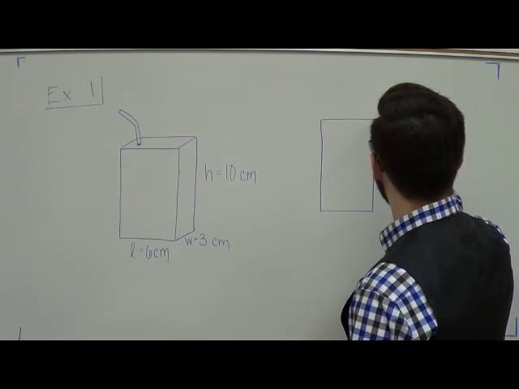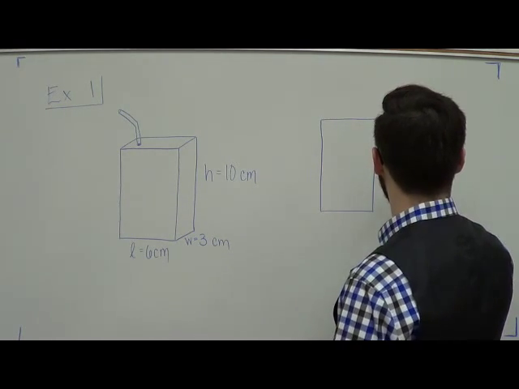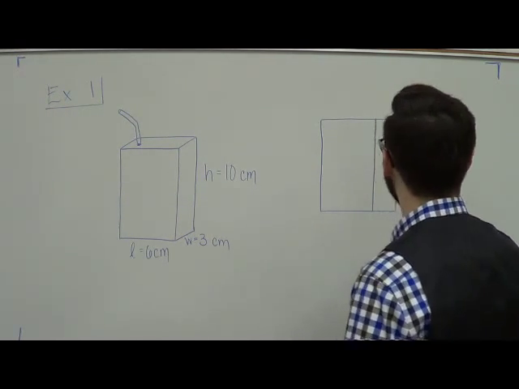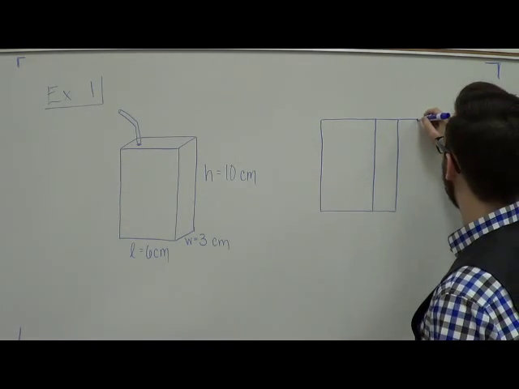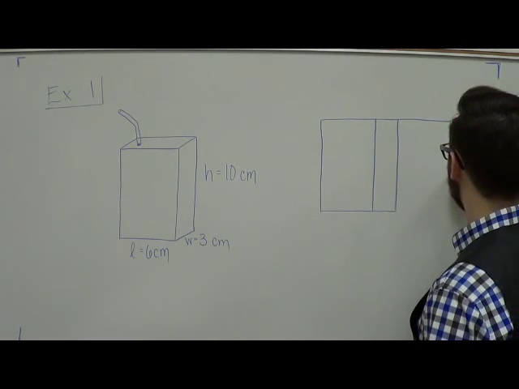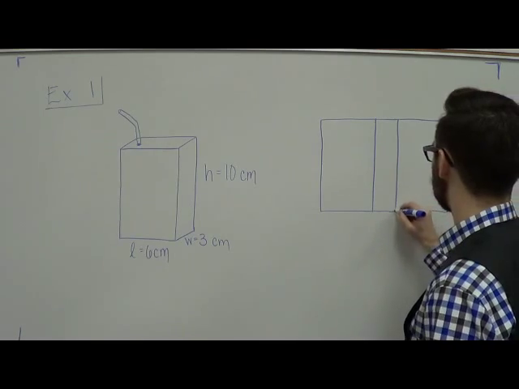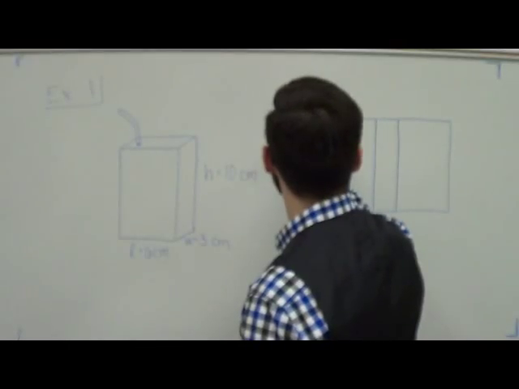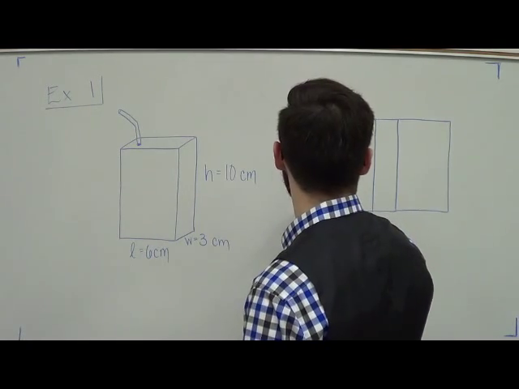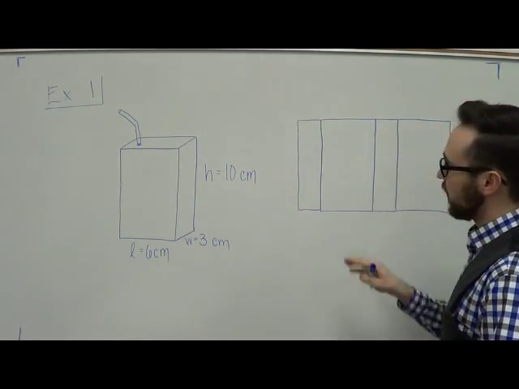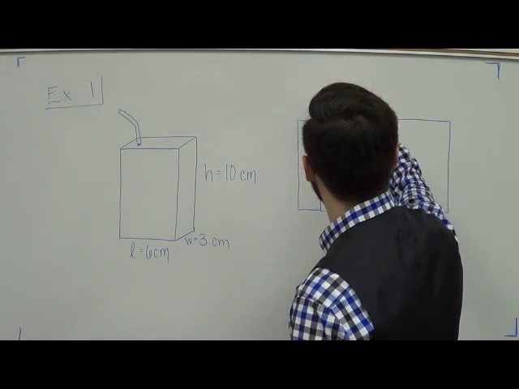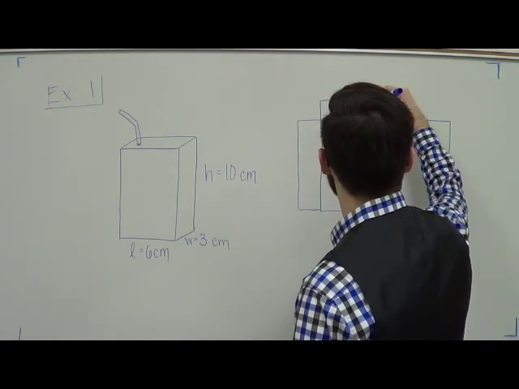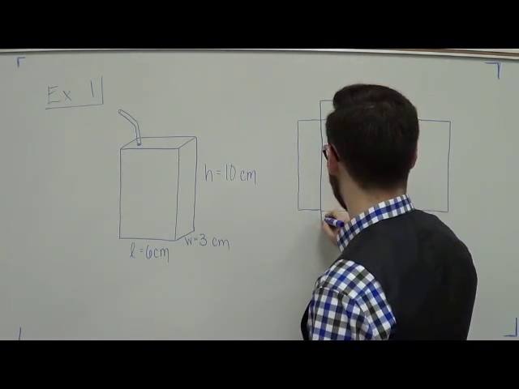Then off to the side we have the narrower and tall one. And connected to that would be the front of it, which matches the back. Then we have the other side. And then off the back you could draw the top and you could draw the bottom.